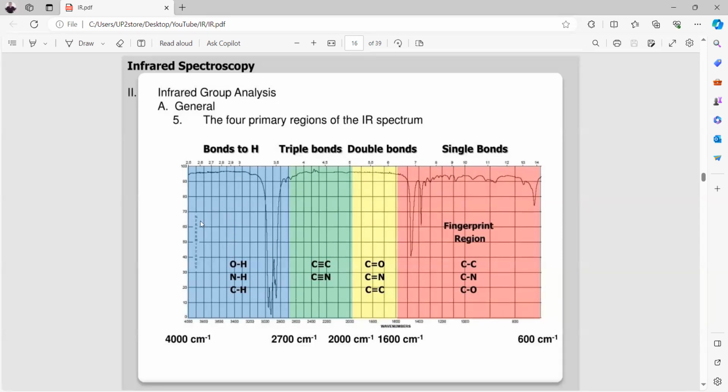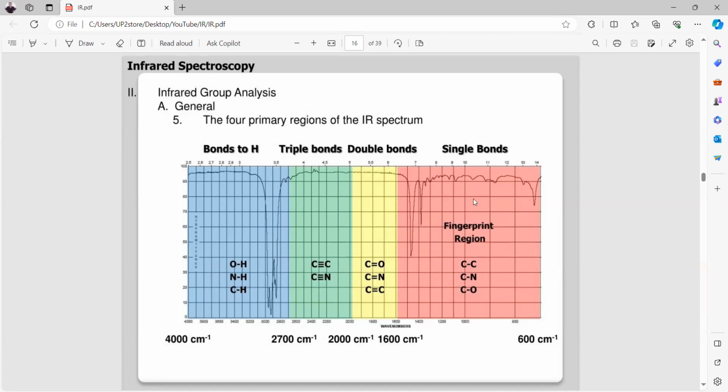As you can see, on the blue side, you can detect the OH, NH, and CH. On the green side, you can detect C triple bond C or C triple bond N. On the yellow side, you can detect double bonds: C double bond O, C double bond N, and C double bond C. On the right side, the red side, this is the fingerprint region.